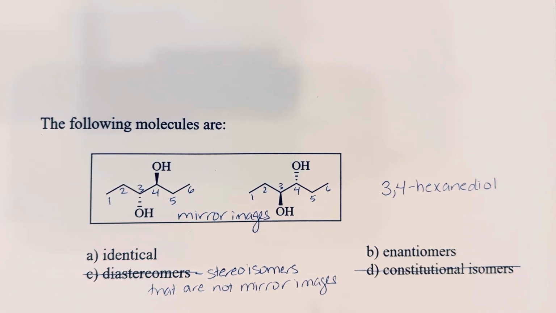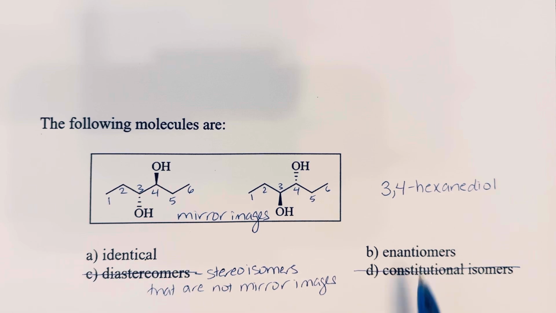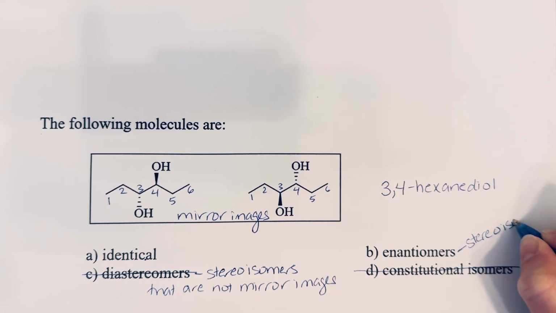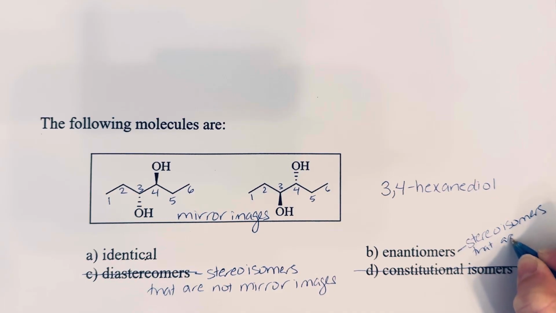So we are left comparing whether these are identical or if they are enantiomers. Enantiomers are specifically stereoisomers that are mirror images. We might be tempted to stop here and circle enantiomers, but that's not all there is to it.